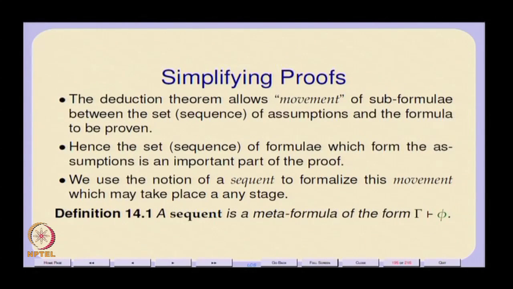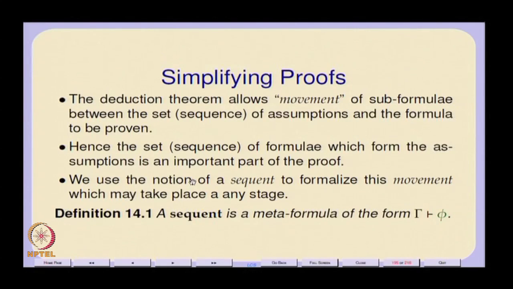So far, the way we have looked at our proofs, the assumptions were somewhere in the background, and we sort of understood what we were taking as an assumption, and we applied the rules as they are given.